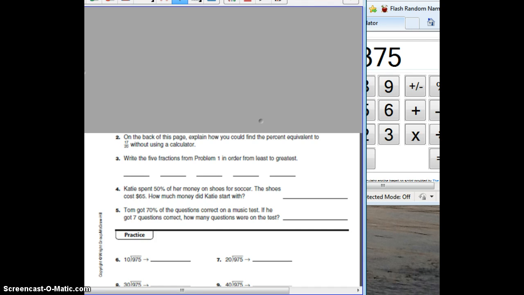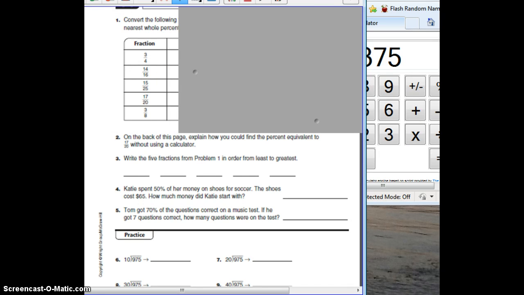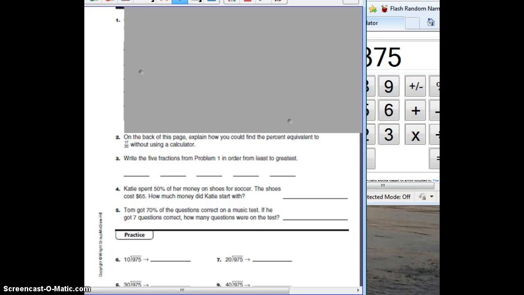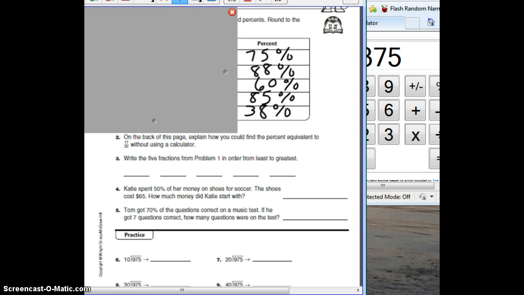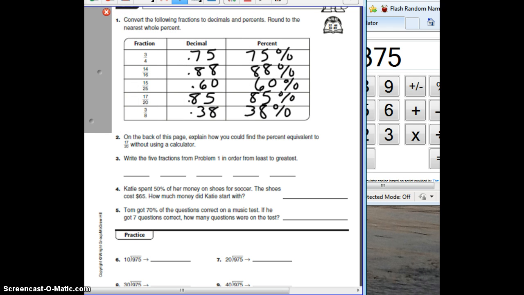Next, it's asking you to write the 5 fractions from problem 1 in order from least to greatest. So if you're looking just at the fractions over here, which one is our smallest fraction, which one is our largest? If it helps to look at the percents, look at the percents. Let's see if we can move it over here. Our smallest percent is going to be 38%, so that would be 3/8. I think it said least to greatest, didn't it?